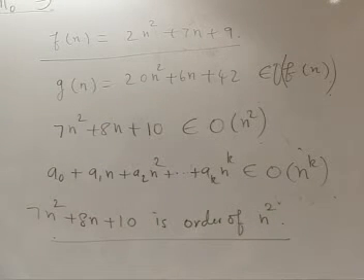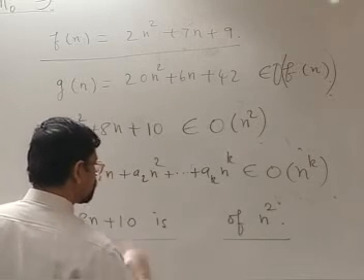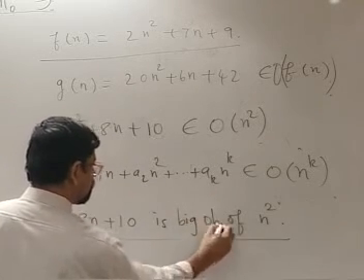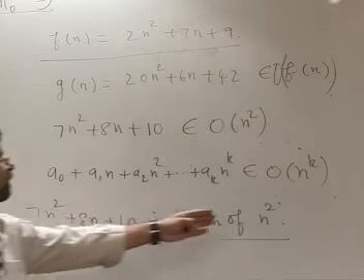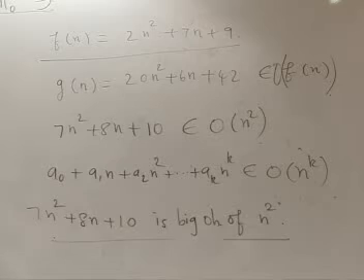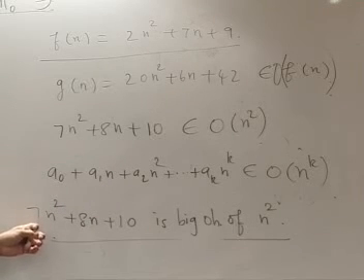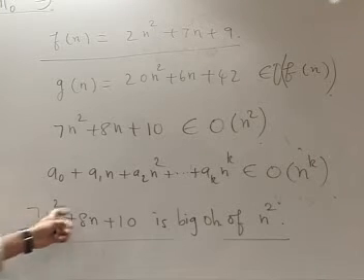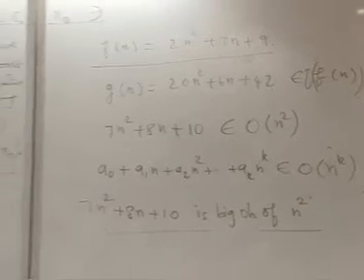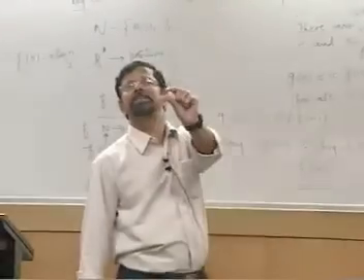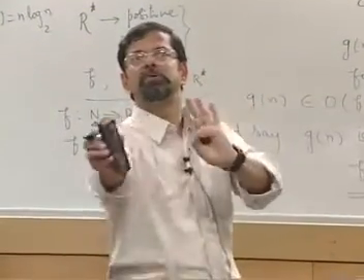How are the 7n square and n square, this expression and that, related? Over there, you are not seeing the lower order terms, and you have ignored even the constant, and you have got a very simple expression on the right hand side. So, ignore the lower order terms, ignore the constant multiplying the highest order term, you get a very simple expression, and that will give you the order.